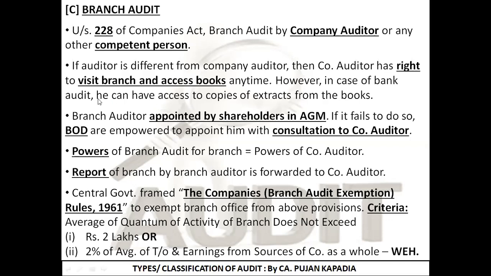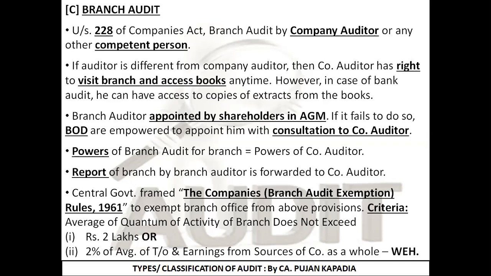Now, if I'm talking about the bank audit, you cannot directly access the books of account, but you have the right to access copies of the extracts. What are extracts? For example, I have the entire cash book, but I want to verify or examine the entries for 1st April 2019.